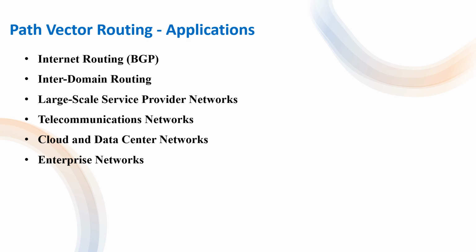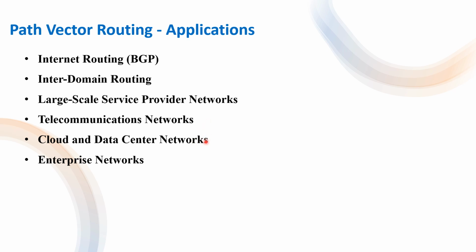Telecom providers and internet service providers use path vector routing to manage traffic between their networks and others. It helps optimize the routes data takes across vast distances and multiple network providers. In the telecom sector, path vector routing ensures efficient communication between large network areas and different service regions.